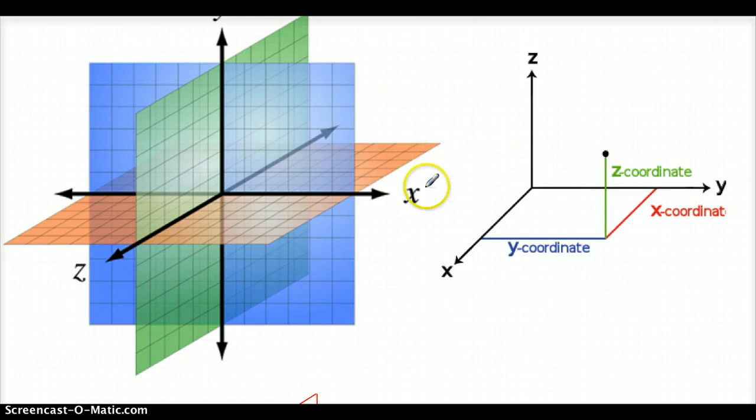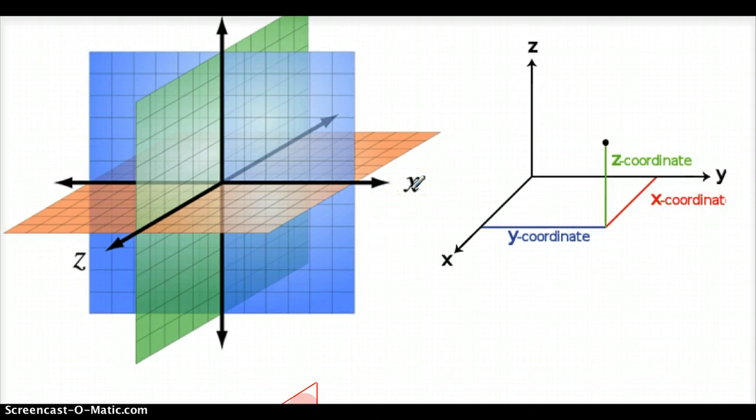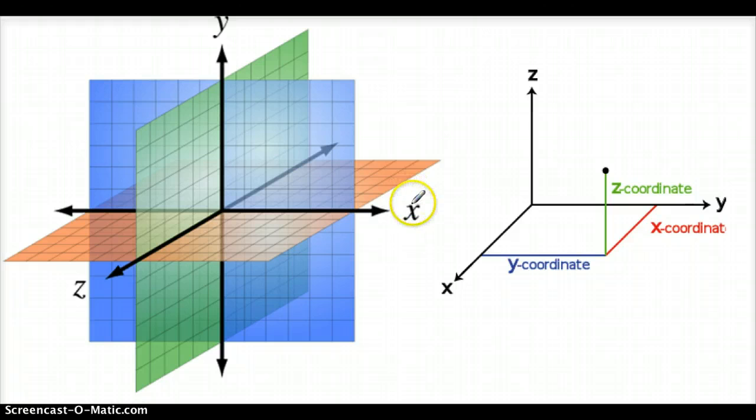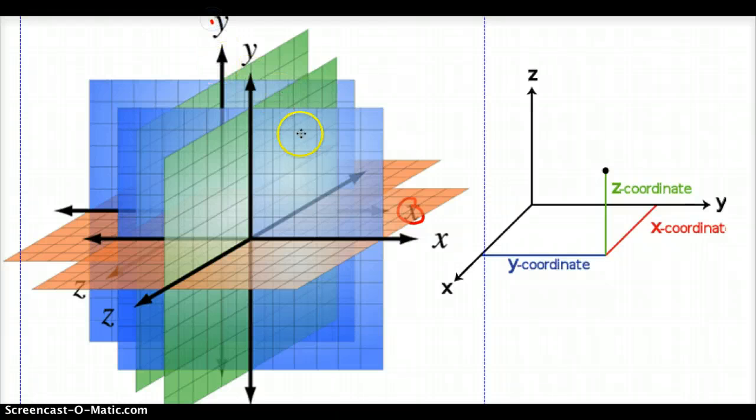Now, I like to be consistent in math, and we've talked about this in class, why we've learned it for 9 years or whatever, that x shoots to the right and y shoots up.